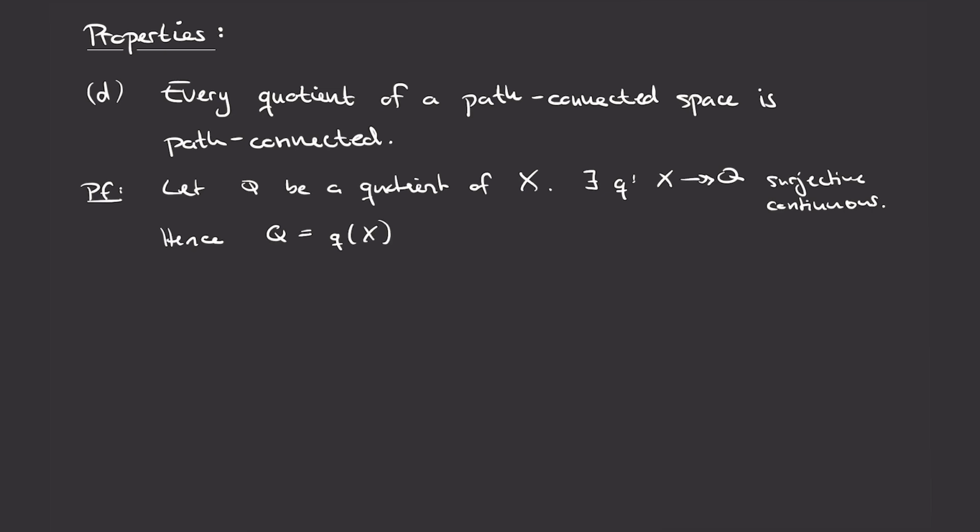And we know that this thing here is path connected because X is path connected by property A. Therefore, Q is path connected, and that proves this property. So this isn't really anything new, but it's just restating an easy consequence of property A. But because quotients are so important, it's really important to keep this property in mind.